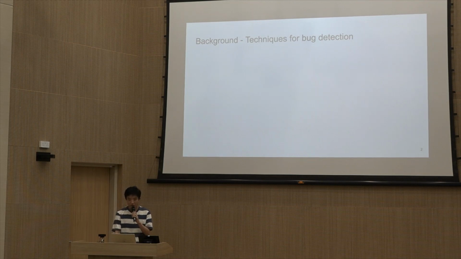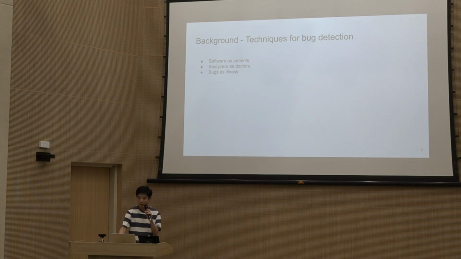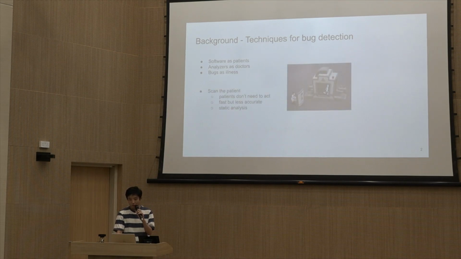There are many techniques to detect bugs in software. Imagine software is a patient, and we are using analyzers to find bugs. The analyzers are doctors, and the bugs are illnesses of the patient. We can scan the patient, so the patient doesn't need to act.